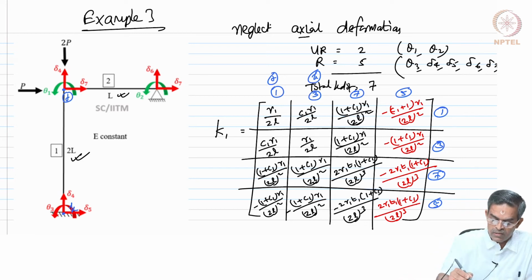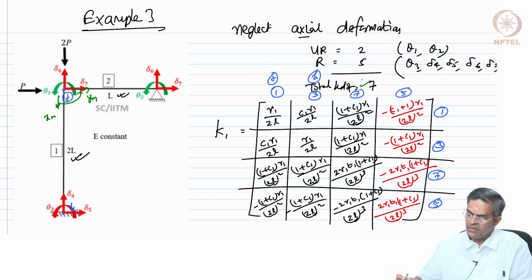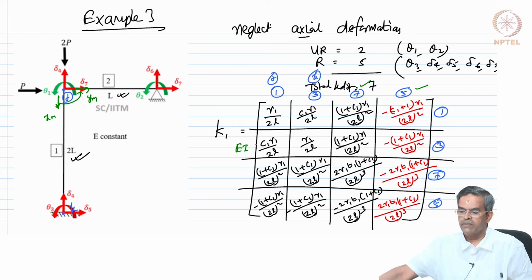If I say this is my xm, anti-clockwise 90 is my ym. So, this becomes my label 7 and this is my label 5. Okay. So, K1 for the member AB is established. Of course, we have an EI multiplier outside.